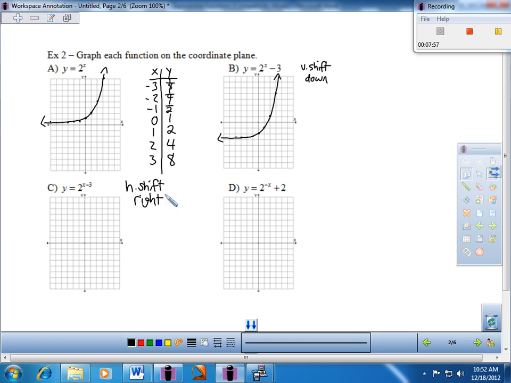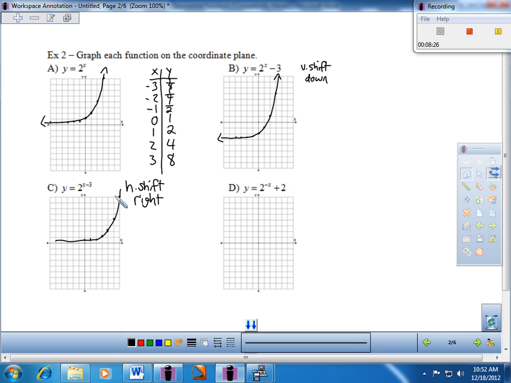So again, let's just take a moment there if we can. What do you say we take each of the original points and move it to the right 3? I'm going to do that up here. If I'm ahead of you a touch, feel free to pause the video at any time. But basically just move everything to the right 3. And you get something like this, give or take.